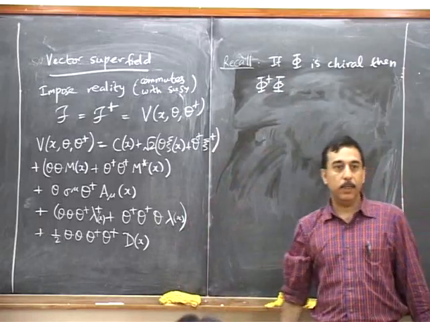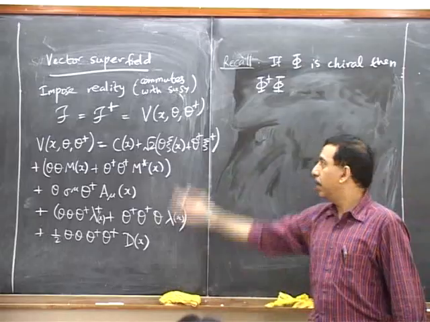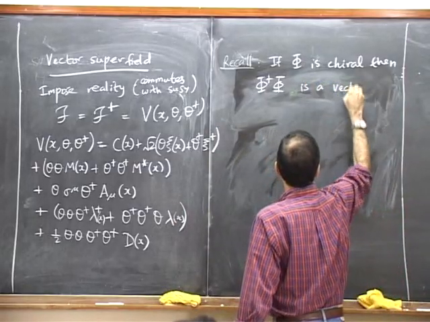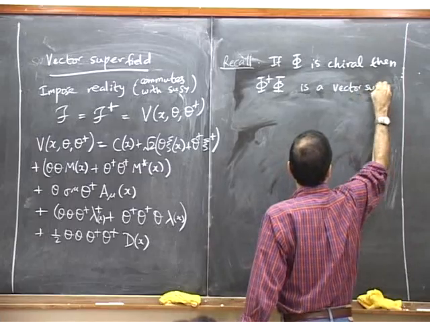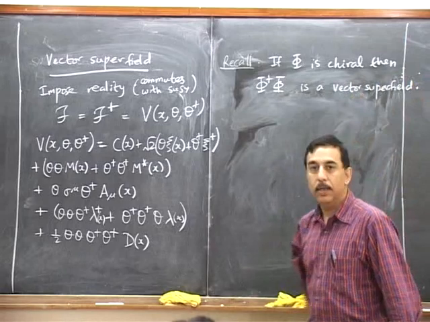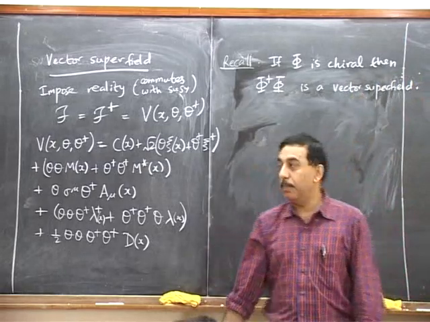This is clearly real, it's also not chiral, and so it is an example of a vector superfield. Here again we see this interplay.